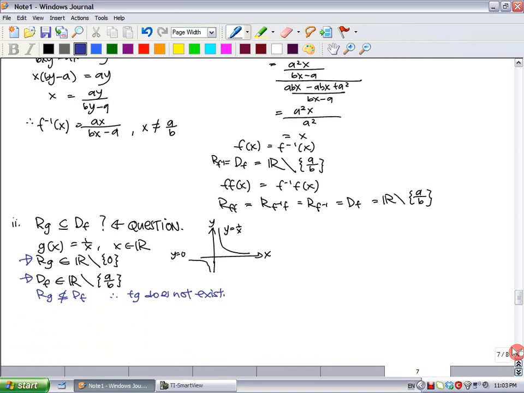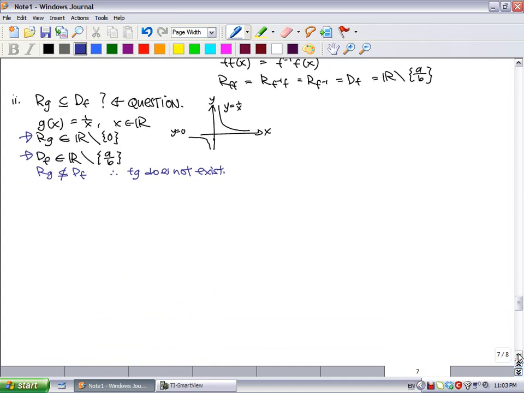Okay, and the last bit asks you to solve for f inverse of x equals x. What is f inverse of x?